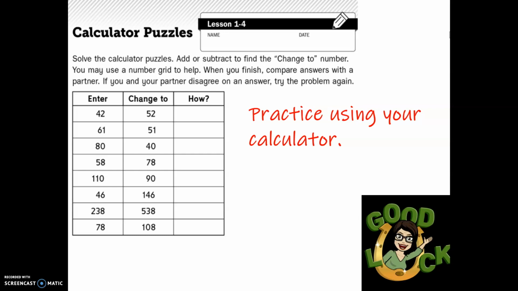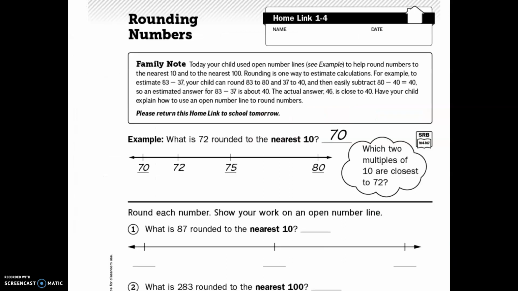You can just write your answers down on paper, or you can just practice them on your calculator, and moms and dads can check. This is something that we practiced in our last lesson. And then here is another page, a home link that I am going to put out there for if moms and dads want you to do some more practice, they can print this off and you can practice this at home.